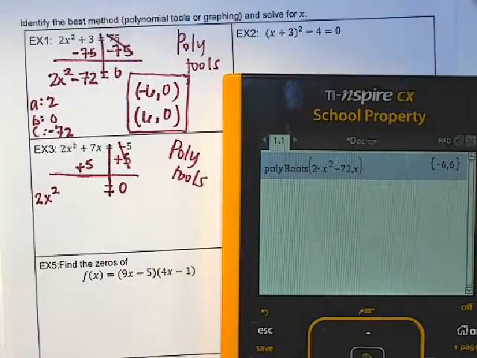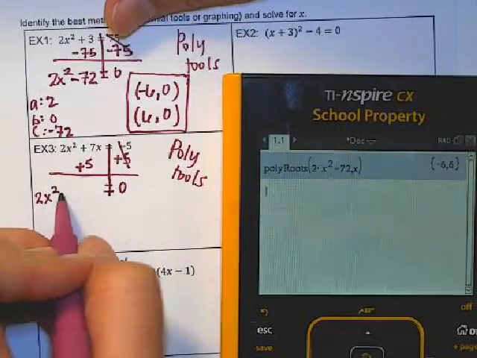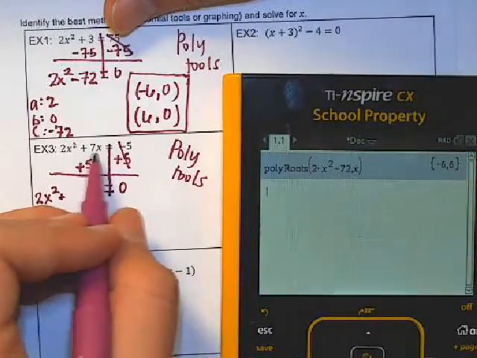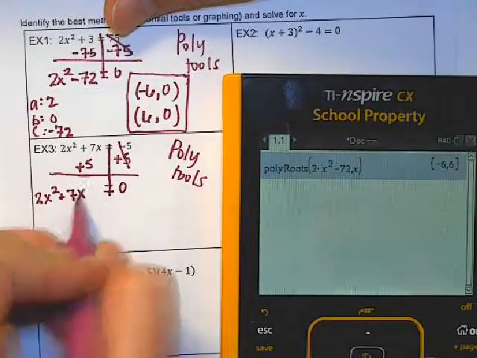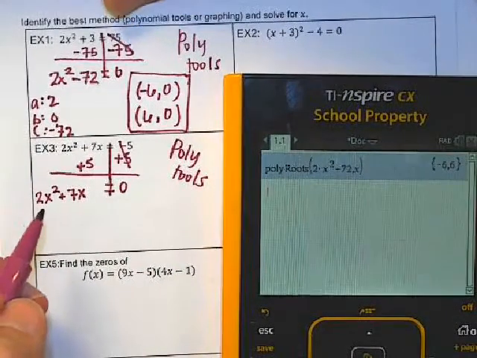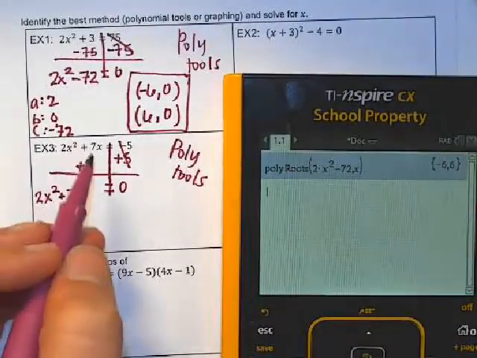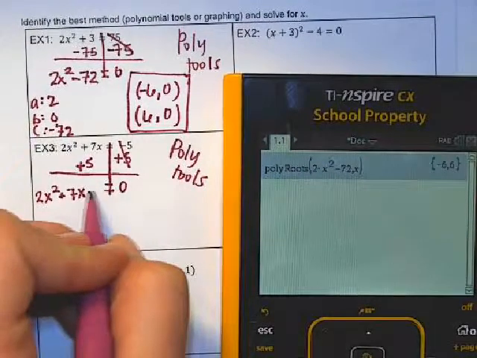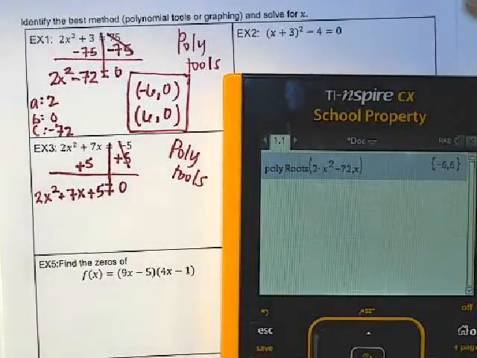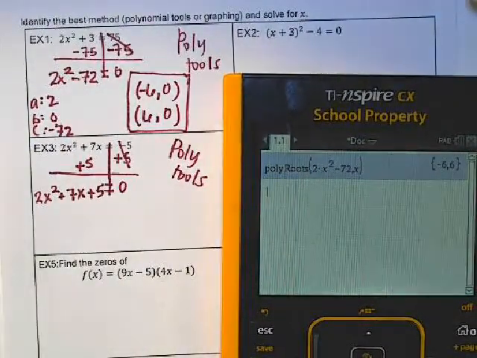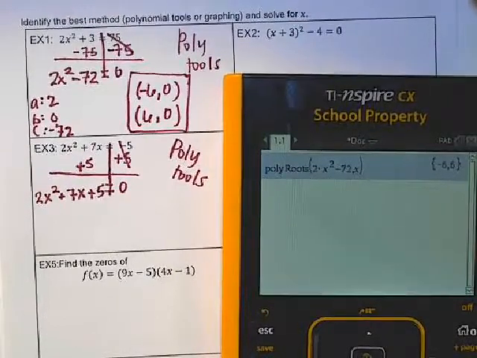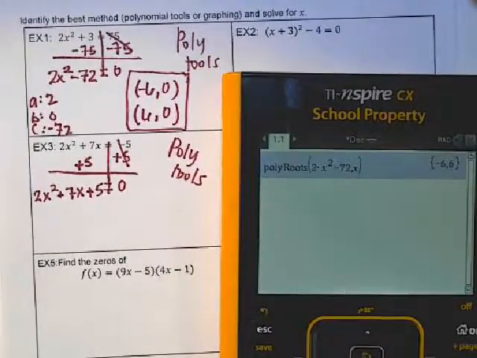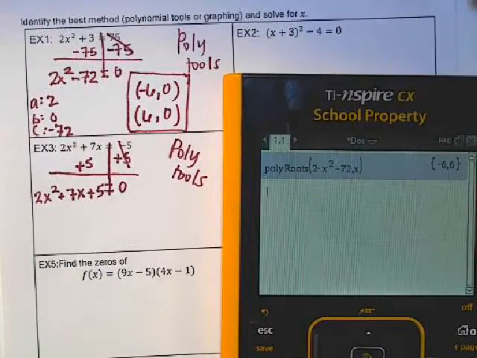Then, after the 2x squared, I write the number with just the x. So 7x, because that's going to be my bx. And then I do just the number, which is a positive 5, last, because that's my c. So x squared first, then regular x, then the number. Got it? You have to write them in that order.